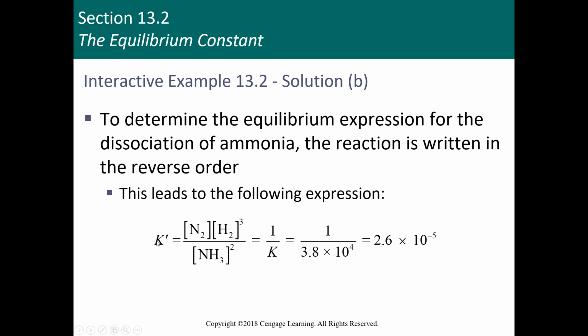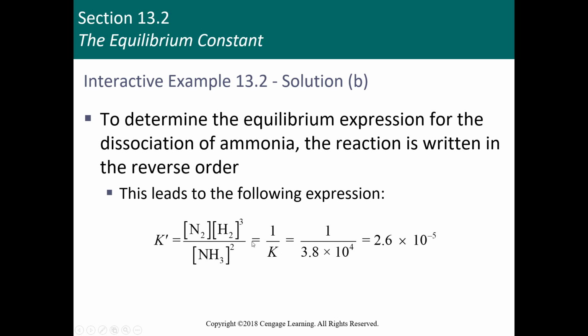Okay, so K prime. Prime means a modified condition. This is for the dissociation of ammonia. Now we're going to reverse these. Remember, your product is now your reactant. Reactant is now product. So that directly means you will do the inverse of the previous equilibrium expression.